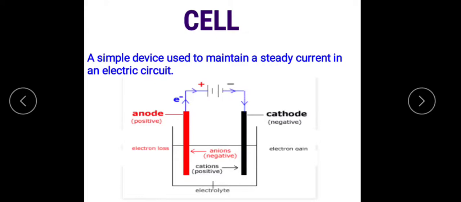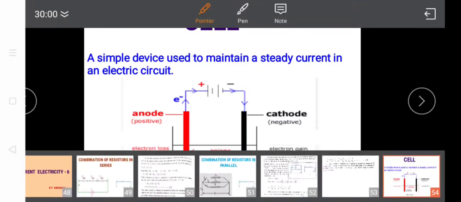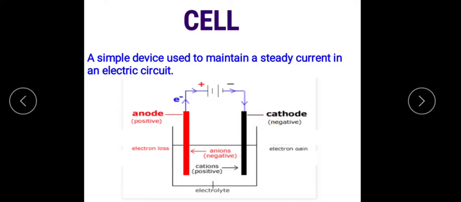The cell consists of two electrodes, one a positive electrode and another a negative electrode. These two electrodes are immersed inside the electrolytic solution. Here is a beaker or container in which there is an electrolytic solution, and the two electrodes are immersed into it.